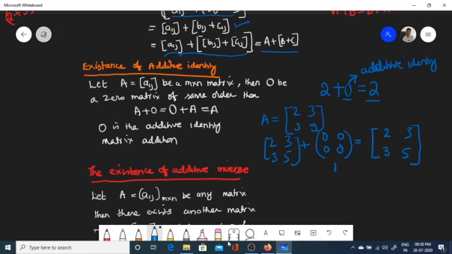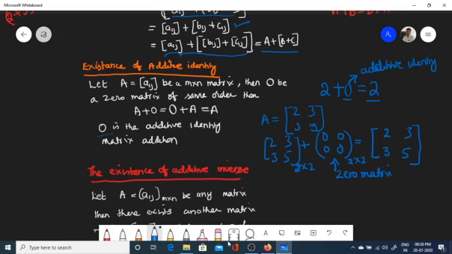So this is called the zero matrix. Zero matrix is nothing but a matrix containing zeros. And since it is of order 2 by 2, the zero matrix must also be of the same order 2 by 2. So we conclude a zero matrix of the same order is the additive identity under matrix addition.